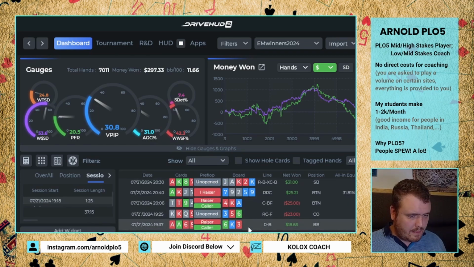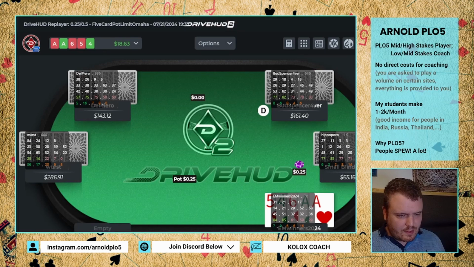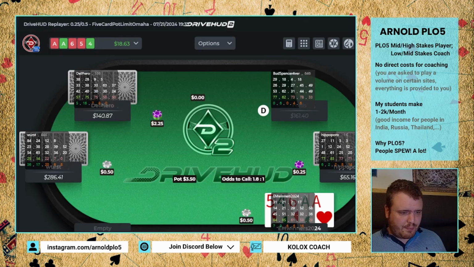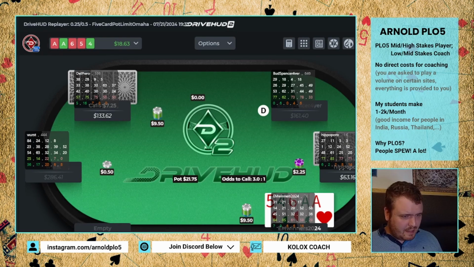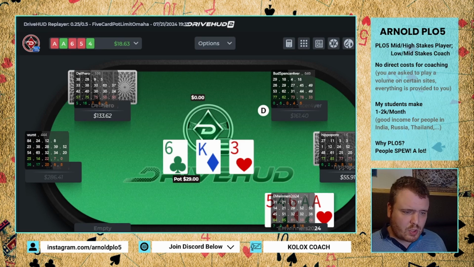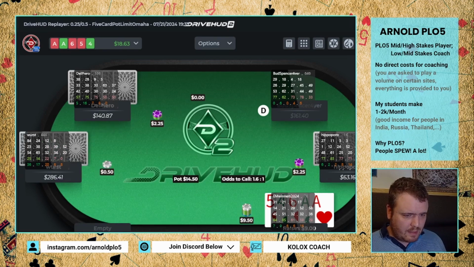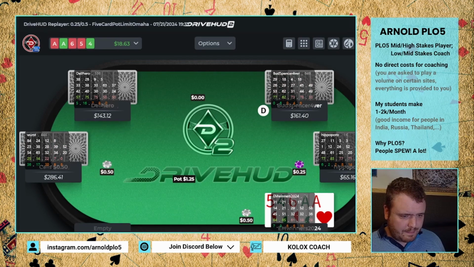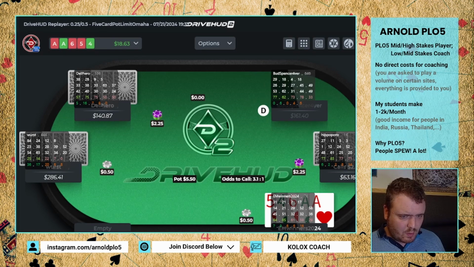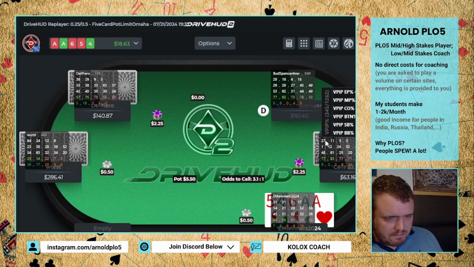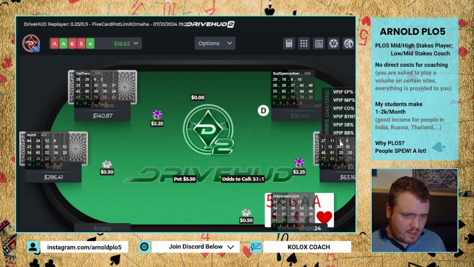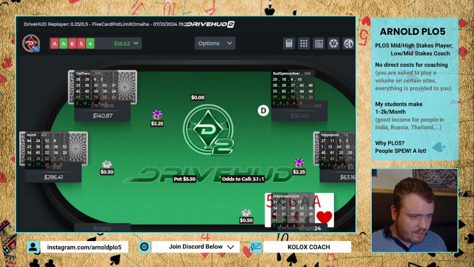So here is the question: should I just get it in, or should I...? Because how did I play it? There was an open raise, a cold call by a tight player, which means he has a very defined range.